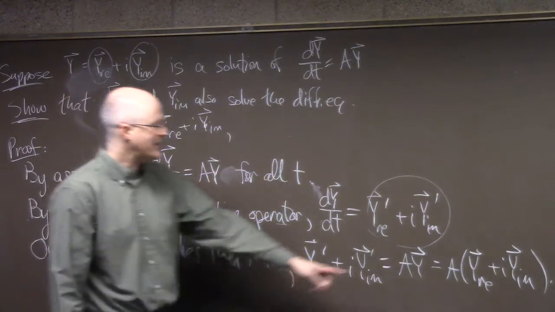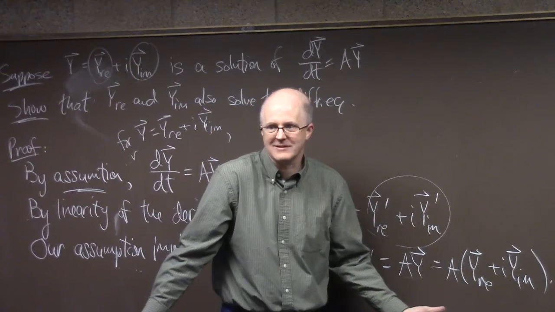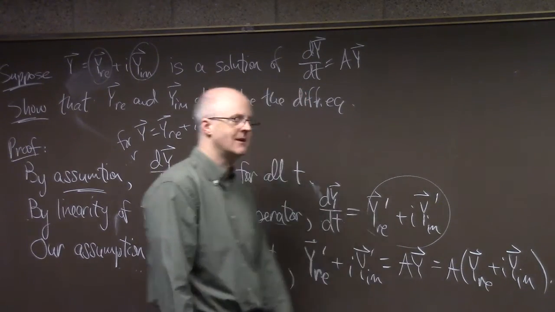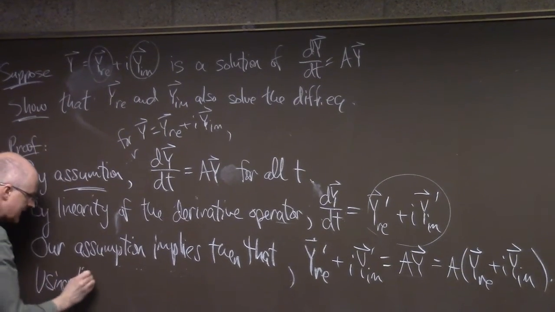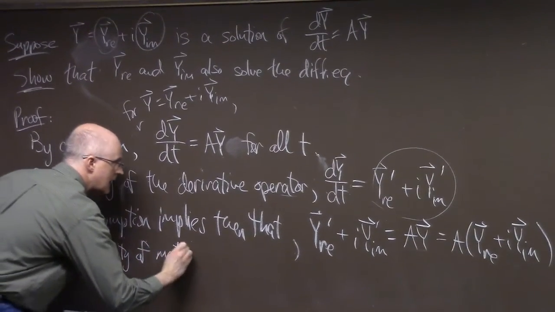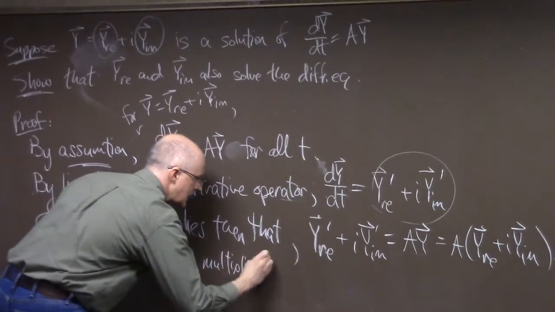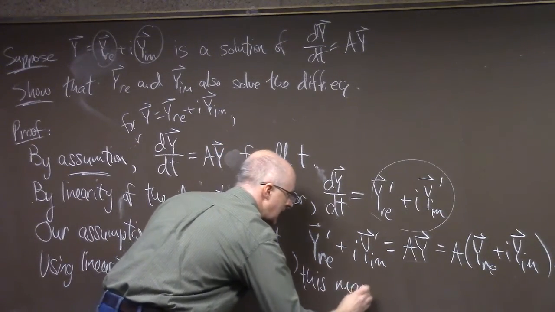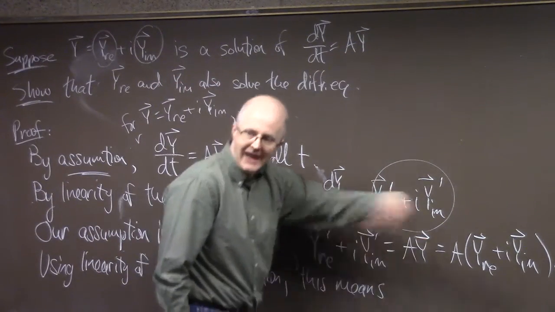What does it mean to multiply a matrix times a combination of vectors with an I in there? Well, that really requires a definition as well, but I'll go ahead and call it linearity of matrix multiplication. Using linearity of matrix multiplication, this means that this thing equals that when the A is distributed through.